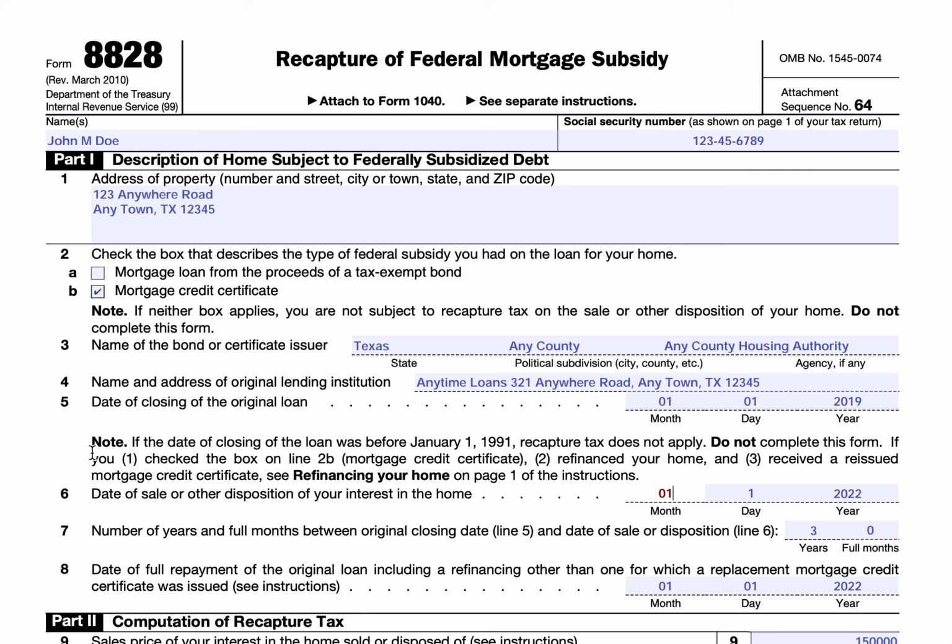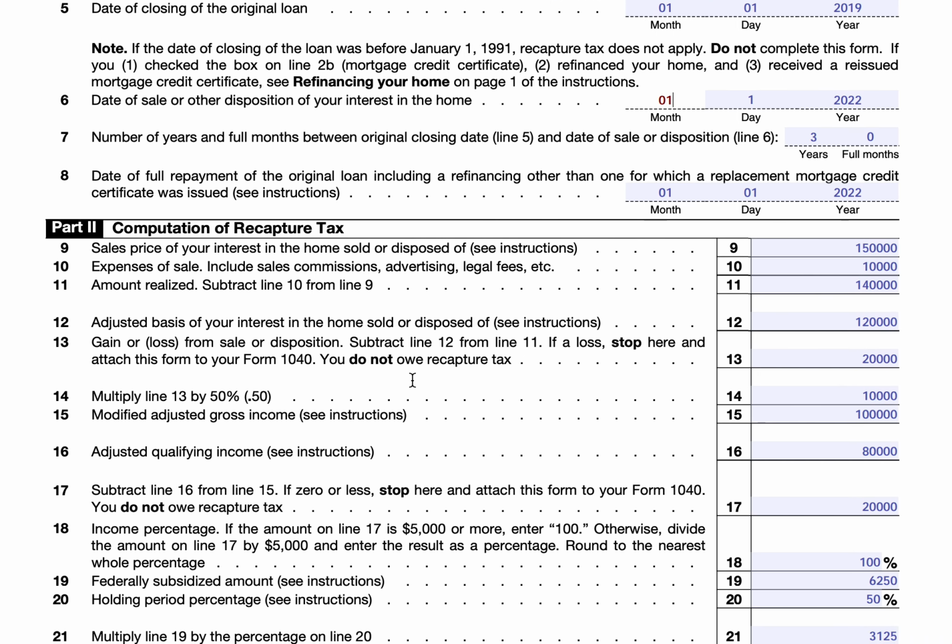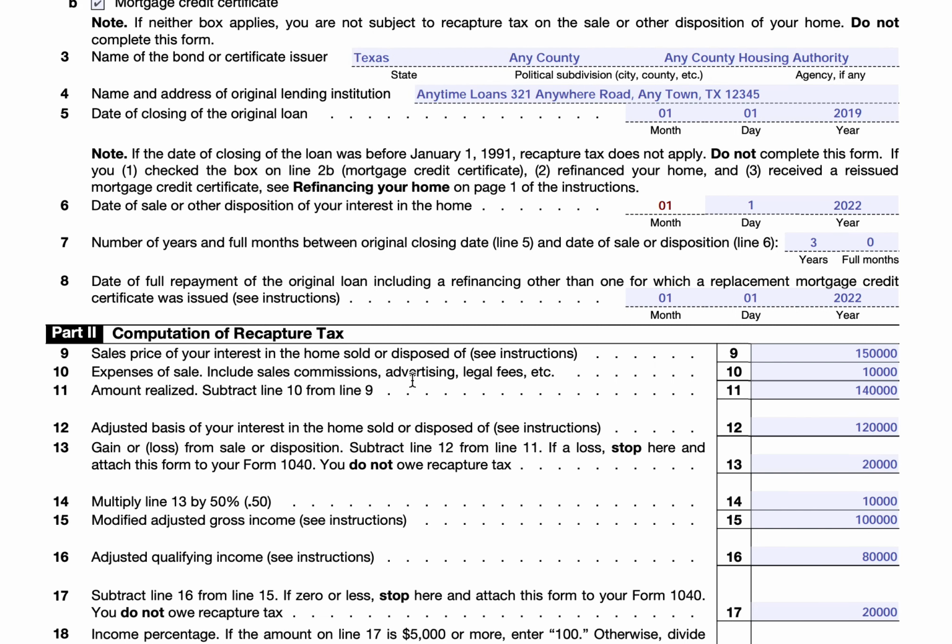So now that we've got part 1 completed, we're going to go through this scenario and compute a recapture tax. Now, because some of this information is actually derived from the certificate or the documentation you receive from the issuer, you'll see that I put in some numbers because I don't actually have a mortgage credit certificate to base any of this information on.